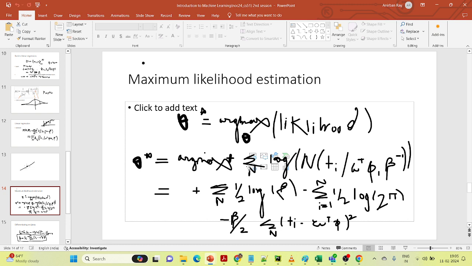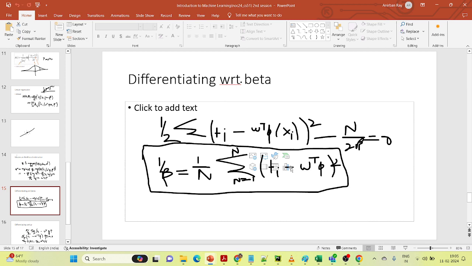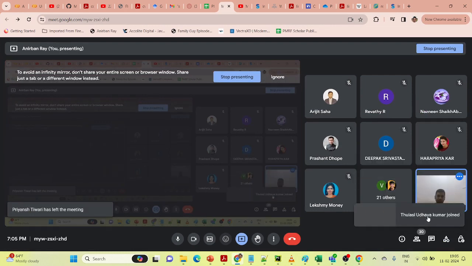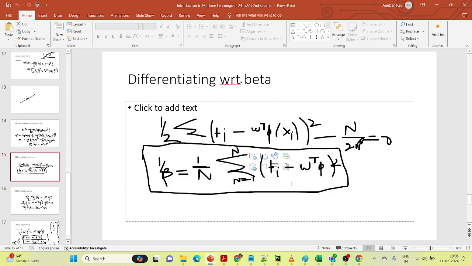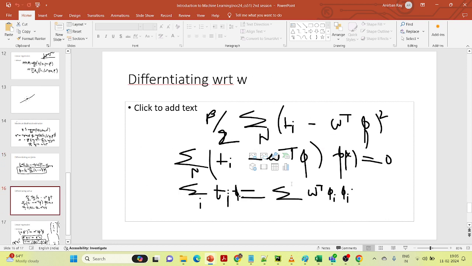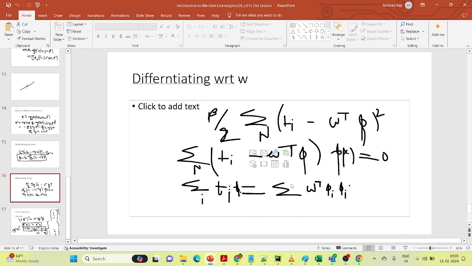So first we take the log of that, because log is an increasing function, so it does not change the nature of the critical points. Taking log and separating the variables, with respect to beta to get the value of beta, and then after that with respect to w. Any problem up to this?